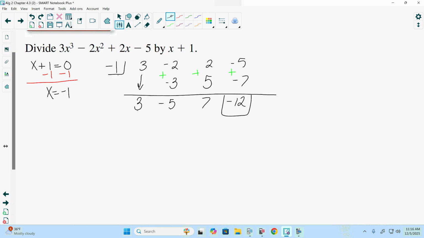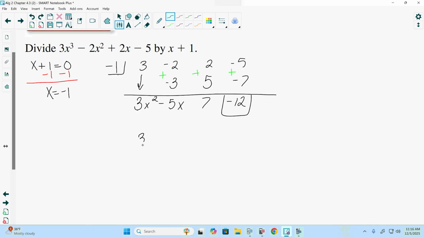Now at this point, we have to put our variables back. The -12 is our only remainder term, because we're dividing by two terms, so the remainder should have one less than it. So it does have one, so that -12 is the only remainder. 7 is our term without a variable. The -5 is the variable to the first power, and 3 is our variable to the second.